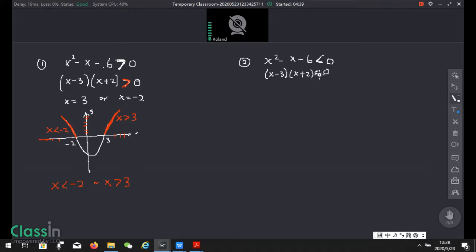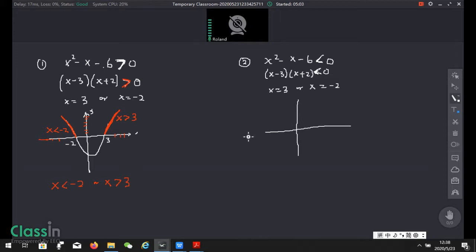In case it was an equal to sign, we would have x equals 3 or x equals negative 2. But it is not an equal to, it's an inequality. So we do not expect our answer to be equal to. We expect it to be an inequality. Let's sketch the graph and see.